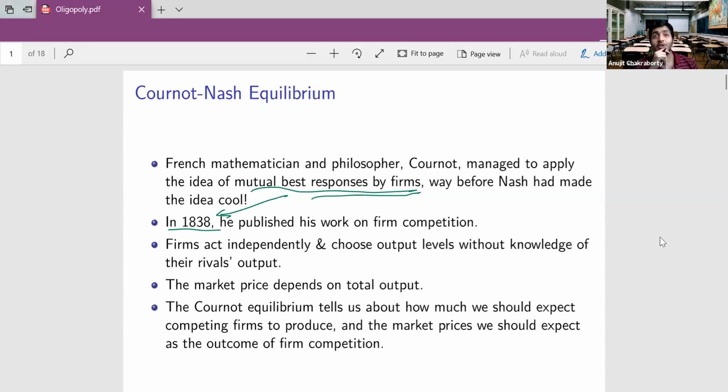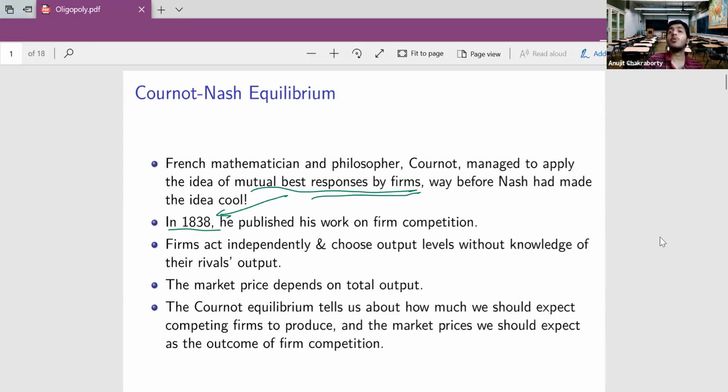And in 1838, he's already publishing his work. And that is, I think, one of the coolest things that you can think about. That there was this revolutionary thing that changed multiple disciplines: economics, political science, biology, which was this idea of Nash equilibrium and game theory. There were people 100 years ago, before even the idea was born, who were already thinking along those lines. And Cournot was one of them.